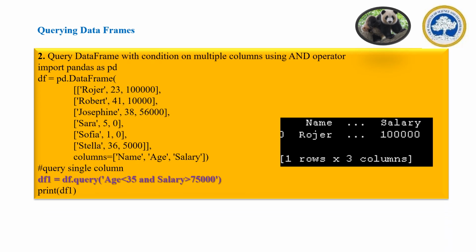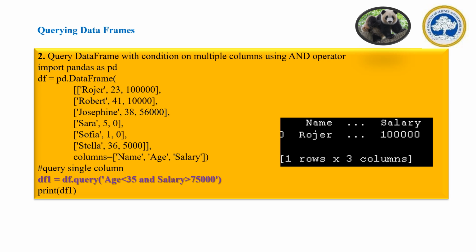Next, to query the data frame with a condition on multiple columns, use the AND operator. Here you can see pd.DataFrame, you are giving the name, the respective age and their salary. So name, age and salary, you will have some set of values, and df.query age less than 35 and salary greater than 75,000.